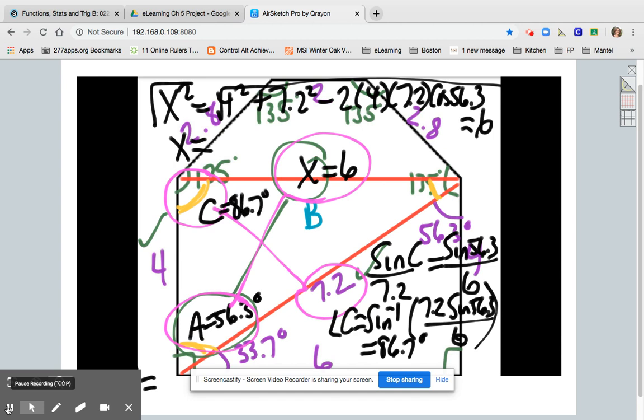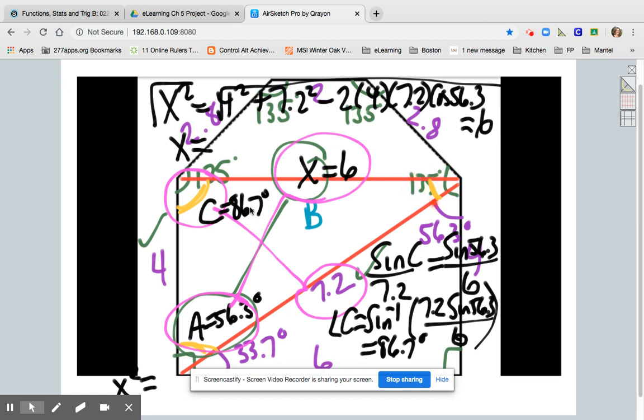Now, it's not 90 degrees because we did rounding, so that makes sense. Because this value here, 7.2, is rounded, that's why you're not seeing this come out to be exactly 90, even though it probably in a real life scenario is. That's okay. I want to see the 86.7. That makes more sense to me than it being 90. 90 really isn't valid for this case because of the rounding issue.